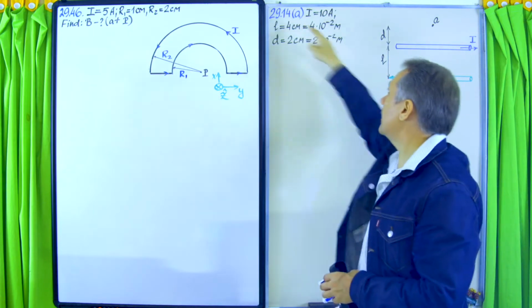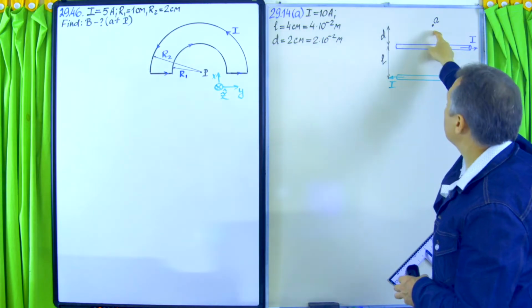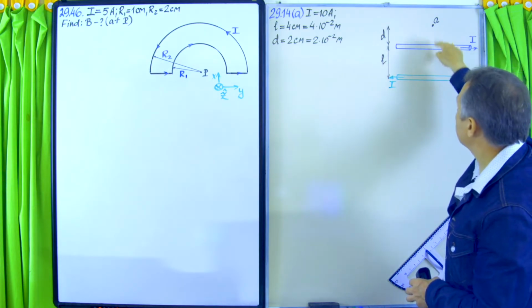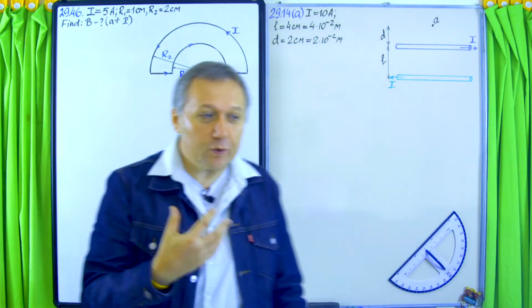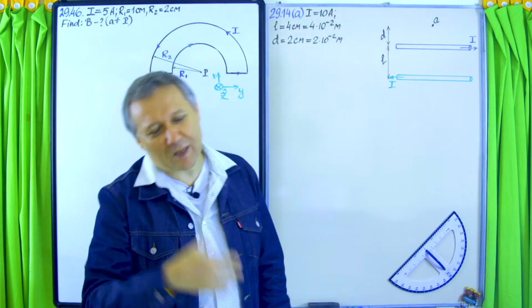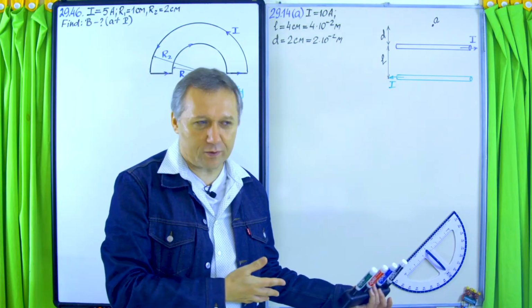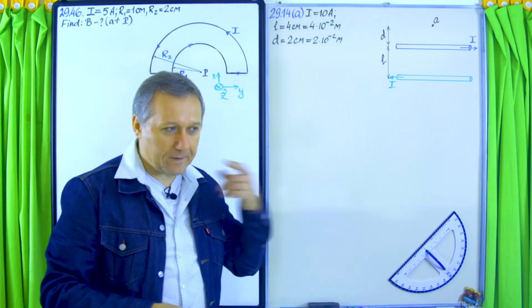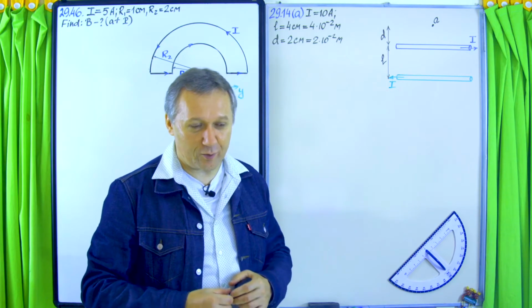It's part A, and that's why this point is called A, right? It is at the distance D from the center of this top blue wire. And you see why I somewhat complain about the symbols the author used in the formula for the magnetic field created by an infinitely long straight wire.